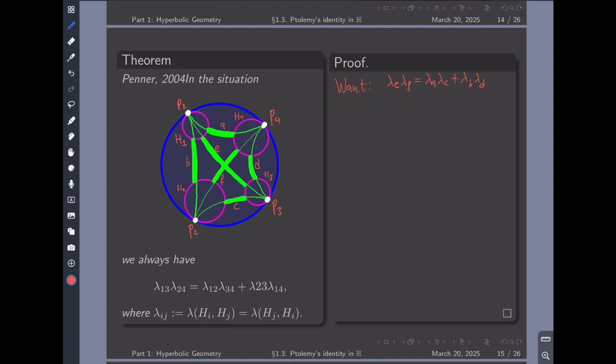Yeah, but what I know is that, consider for instance this horocyclic segment. I know that it is equal to the sum of this hyperbolic length and this hyperbolic length, because for the horocyclic segments we did take hyperbolic length.